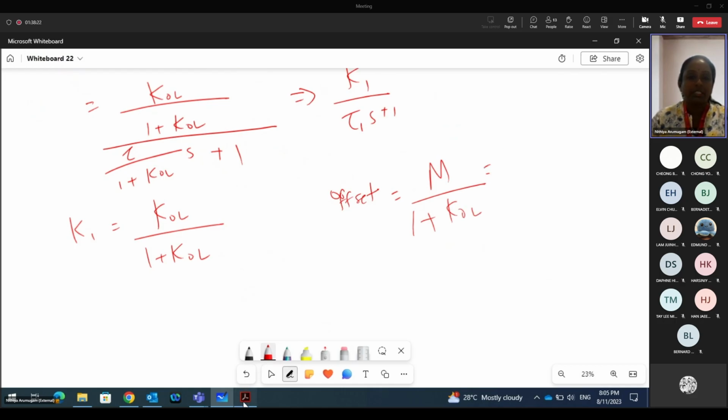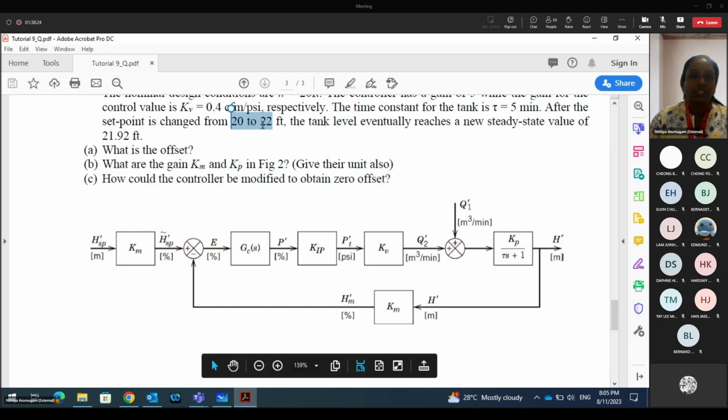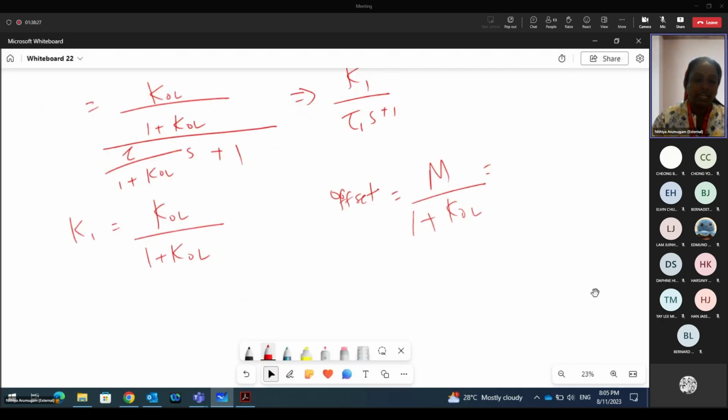Here the M is the set point change, so 22 minus 20, over 1 plus KOL. KOL here is 2.4 Kp. So from here, I know my offset is equal to 0.08.